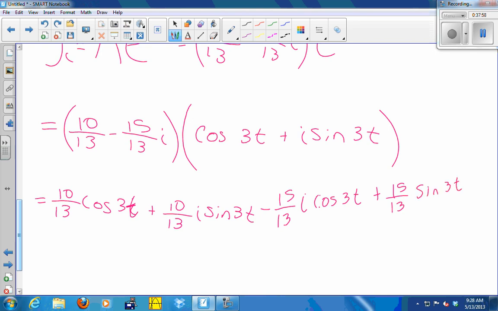So I took the i and made an i squared, and I used that to just change the sign.